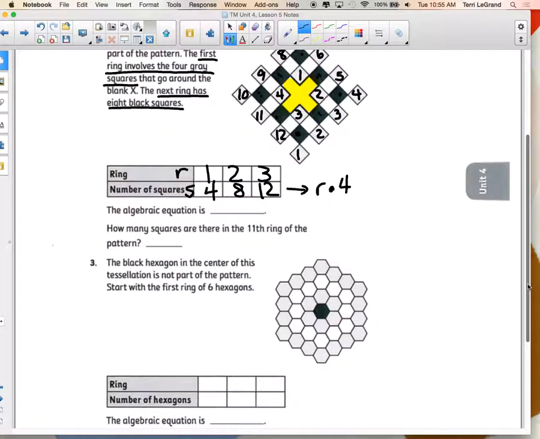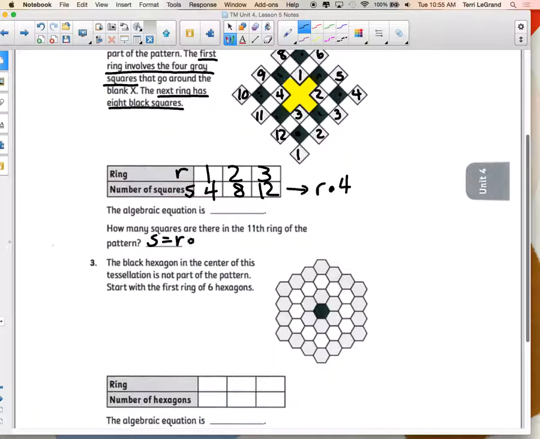Write an equation now. How would we write an equation using our pattern? What equation could we set up? Sylvia? S equals R times 4.